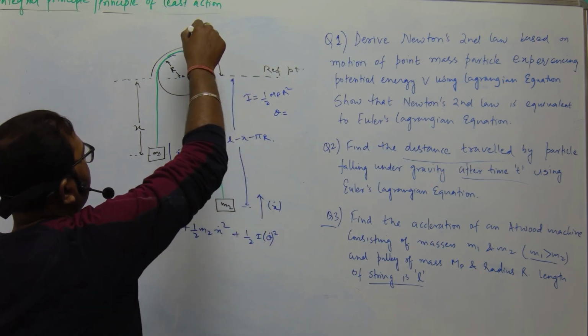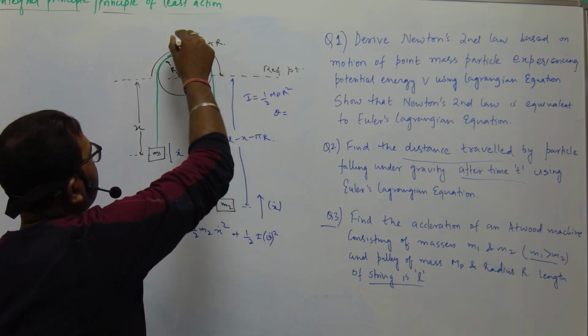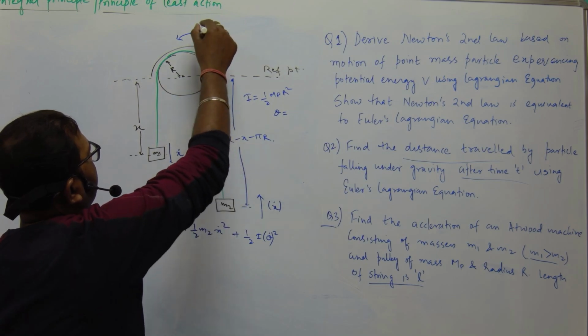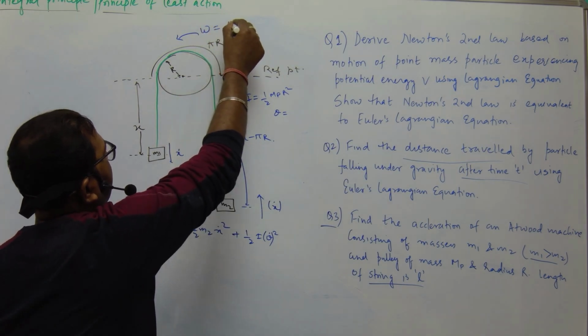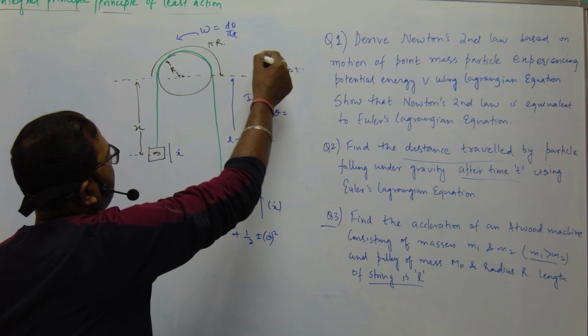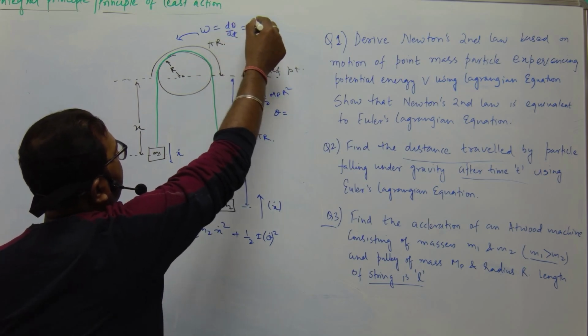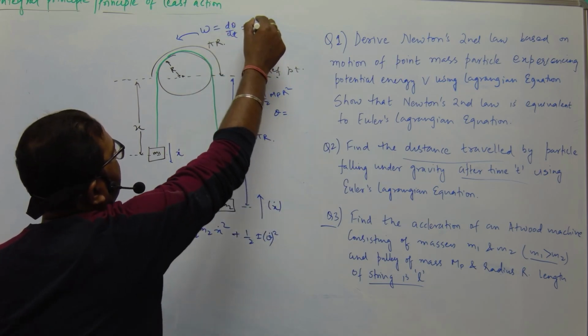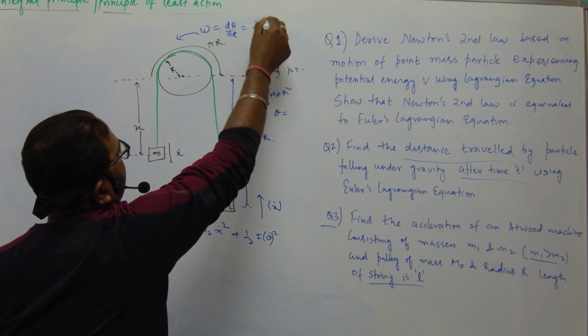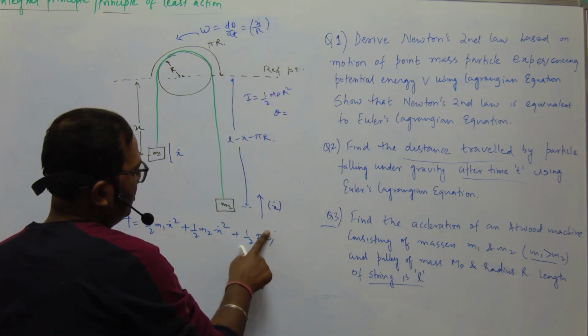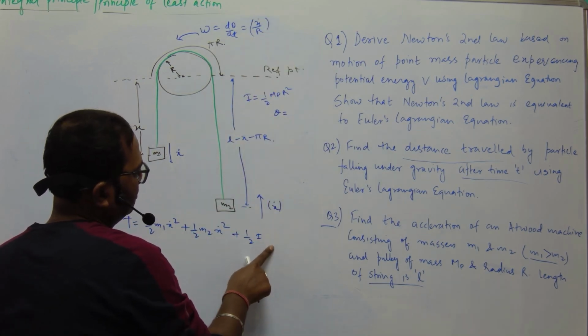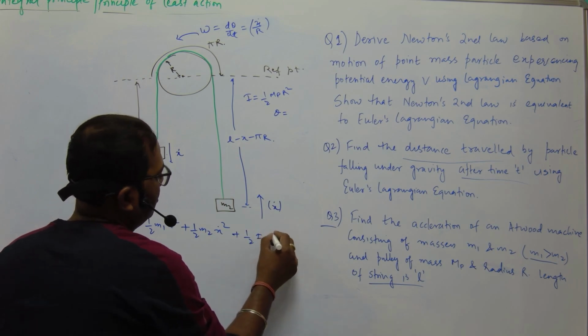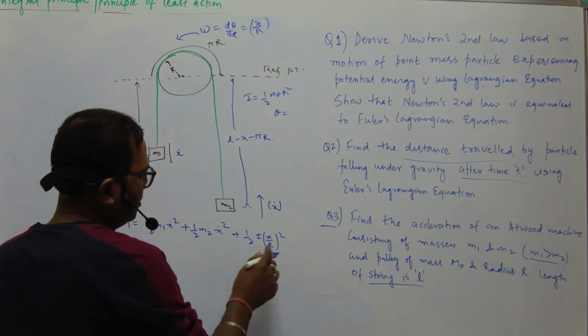The angular velocity will be in this direction because this is coming down. Angular velocity is equal to d theta upon dt, this theta dot. Omega is equal to v upon r, and the velocity is x dot, so omega is x dot upon r. We replace this in the rotational energy.